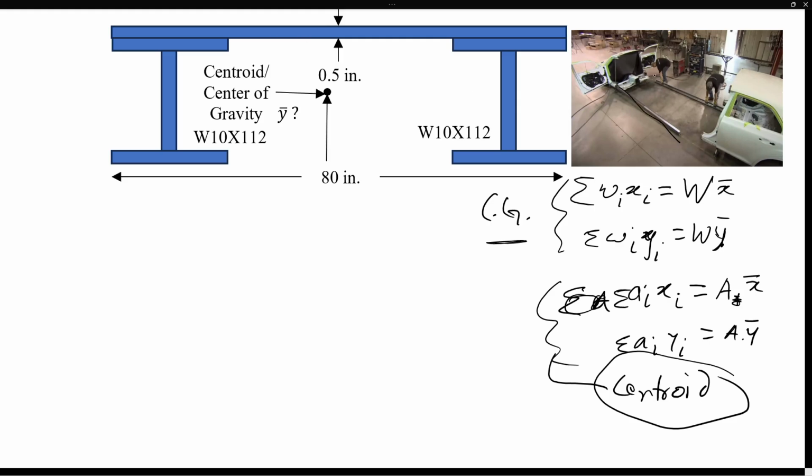We're looking at a cross section across somewhere here. It's very simple: you can go to the back of the book and find all the information about the wide flange beam in the table.